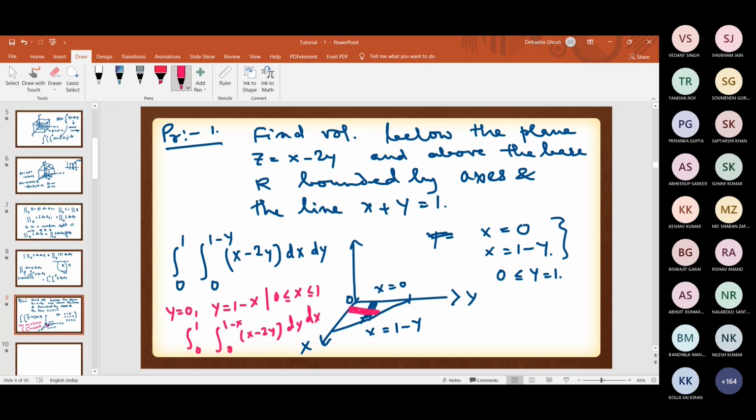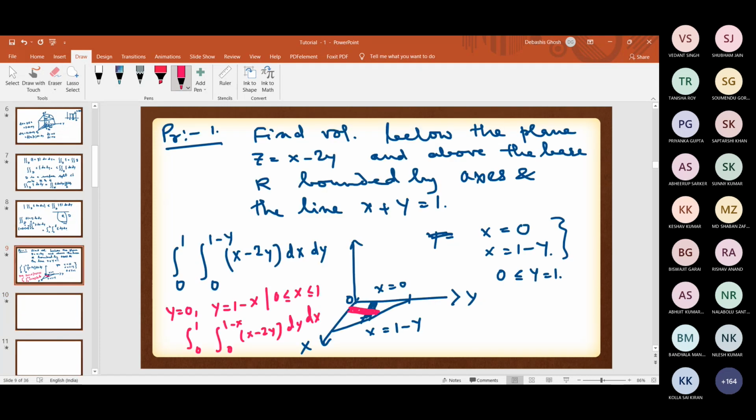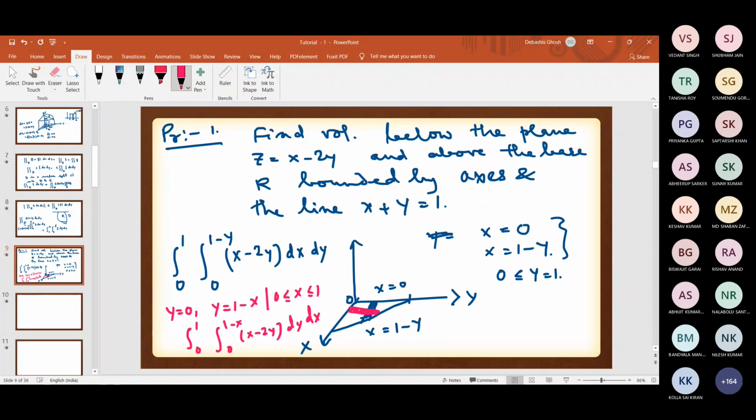That's a simple integration. I'm not going to solve this one. Come to the answer, 1 by 6. Okay, very good. So it's got that answer already, 1 by 6.